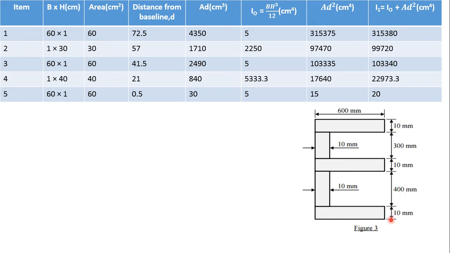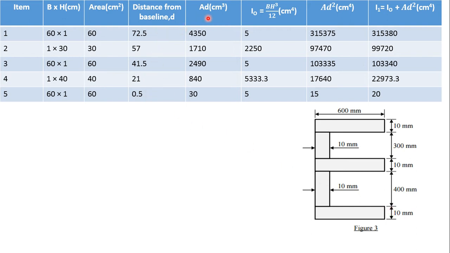So it's 1 plus 40 plus 1 plus 30 plus 1 divided by 2, which is 72.5. And next is 1 plus 40 plus 1 plus 30 divided by 2, which will get 57. And subsequently, 1 plus 40 plus 1 divided by 2, and 1 plus 40 divided by 2, and 1 divided by 2. And you get the answer.